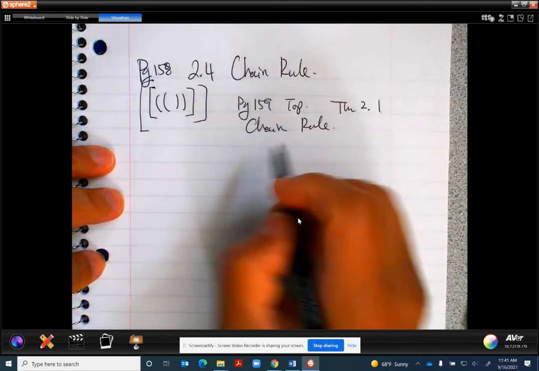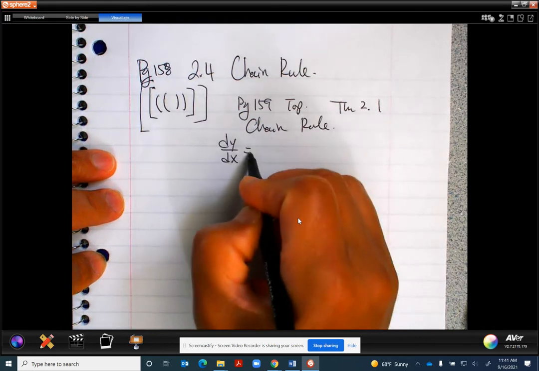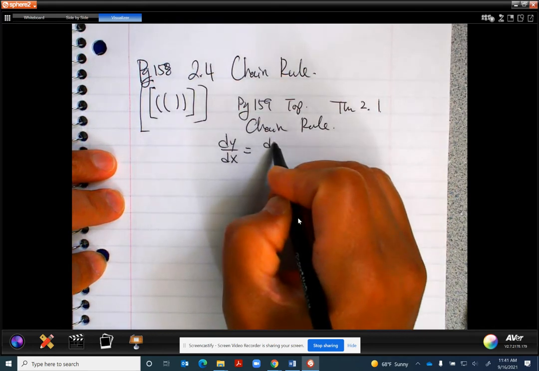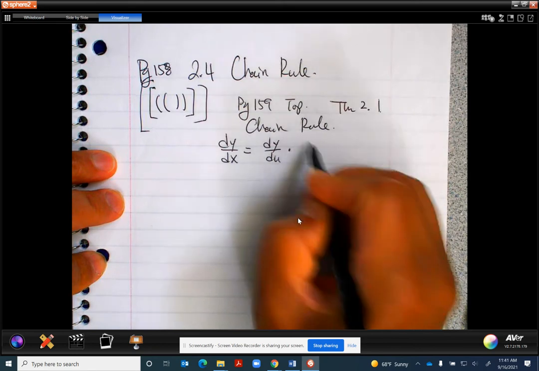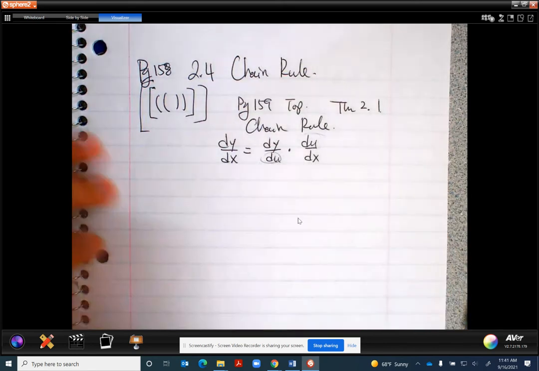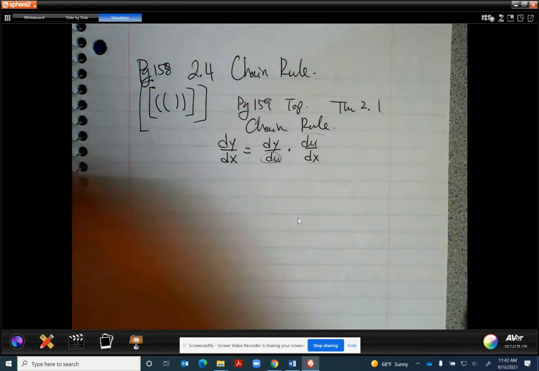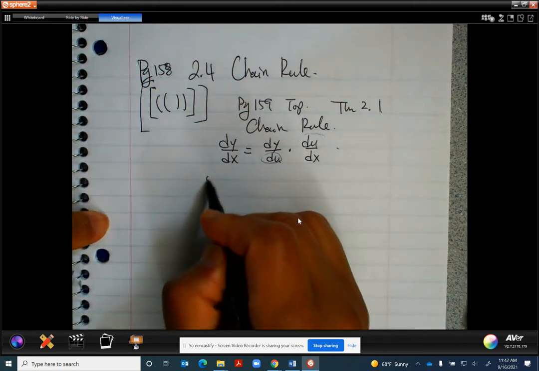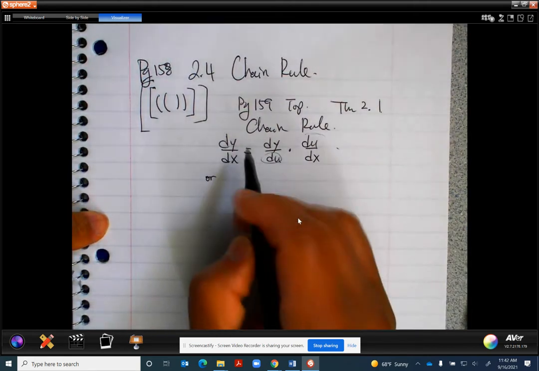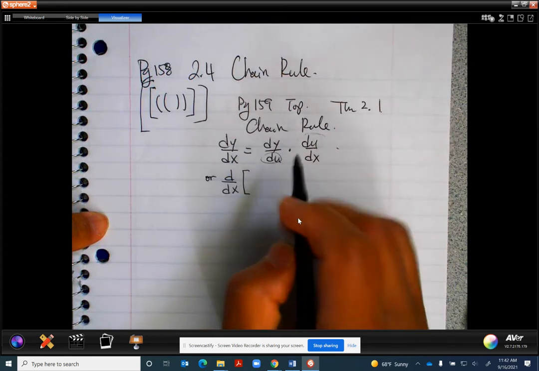The first one says dy over dx is equal to dy over du times du over dx. Now du is that extra variable part, which means you're looking for extra parentheses. But instead of using this one, you can also use d of dx. This is just a different form of chain rule.